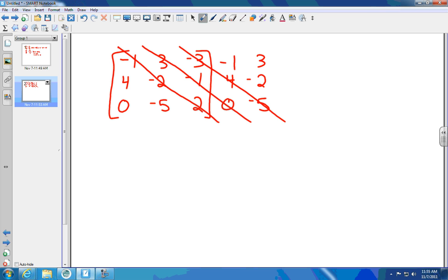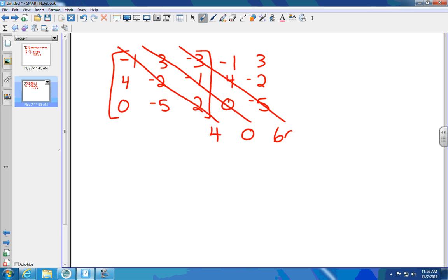So multiplying the first diagonal down, what would we get? Positive 4. And then the next one we always like because there's a 0 in it, so it doesn't even matter what the rest of the numbers are. And then the third number there, what would we get? Multiplying these three.